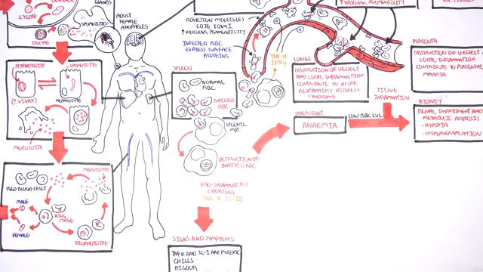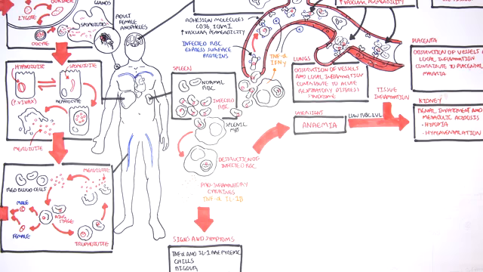Okay, so that was somewhat a detailed overview of what occurs in malaria. We had a release of pro-inflammatory cytokines. We had adherence of Plasmodium-infected red blood cells, as well as we had the rupture and removal of parasites and altered red blood cells by splenic macrophages.